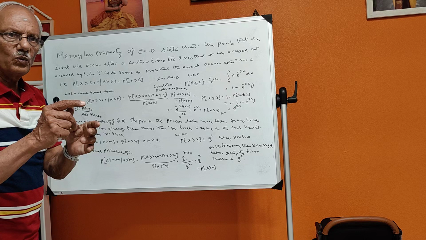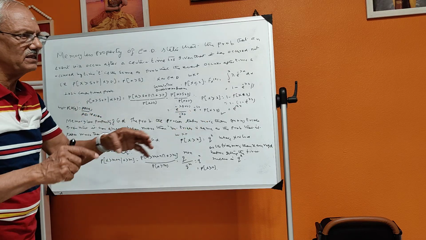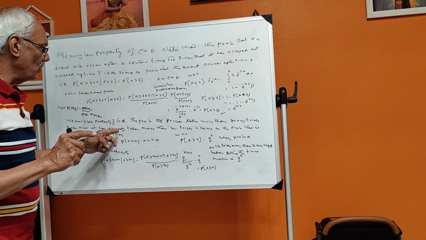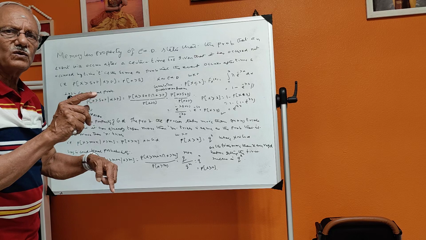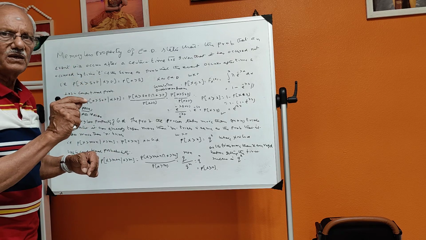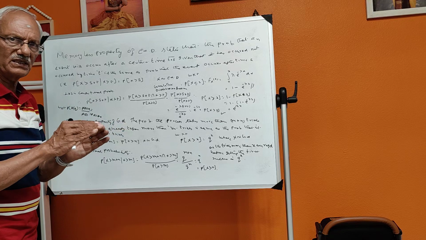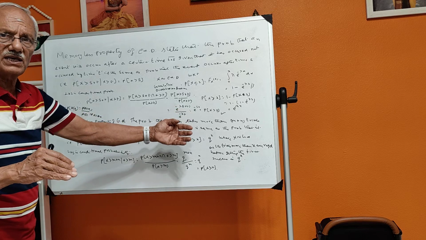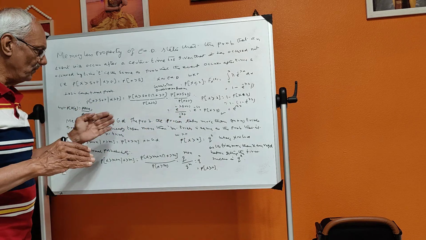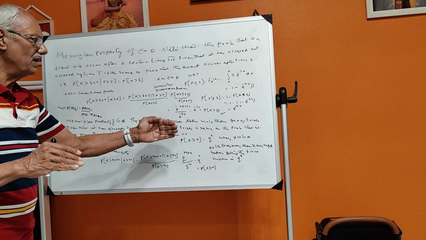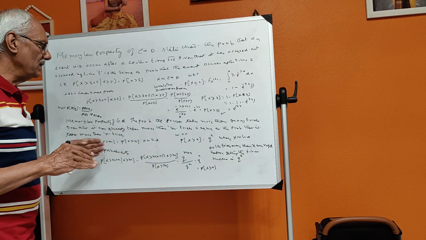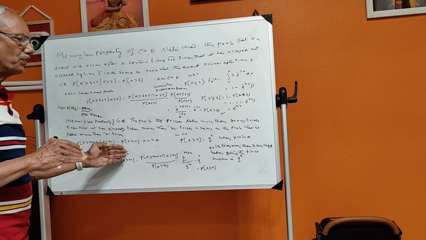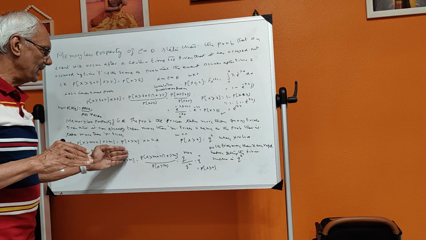See, if you want to get one success, suppose m plus n trials are required to get a success, given that already m trials have taken place to get the first success. That conditional probability is the same as the probability of X greater than n.